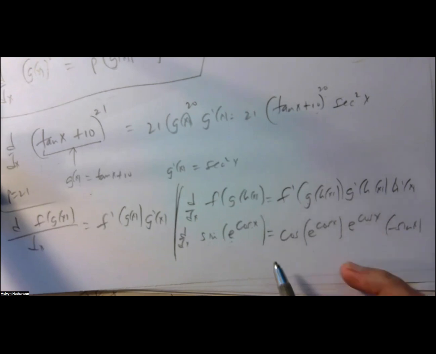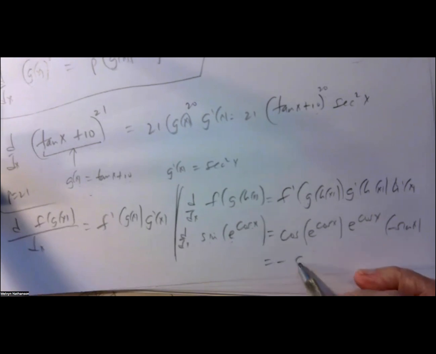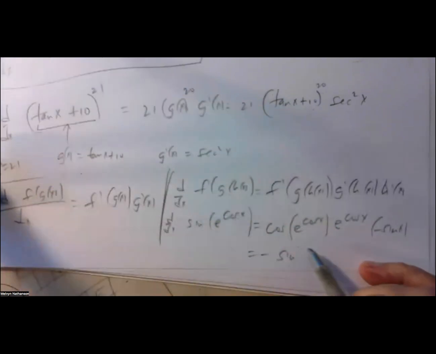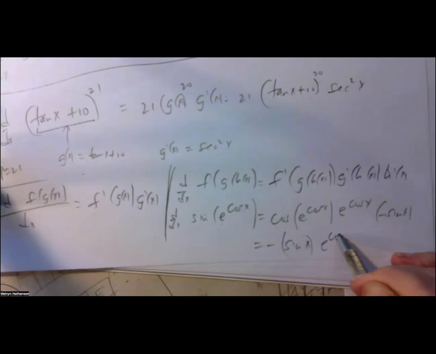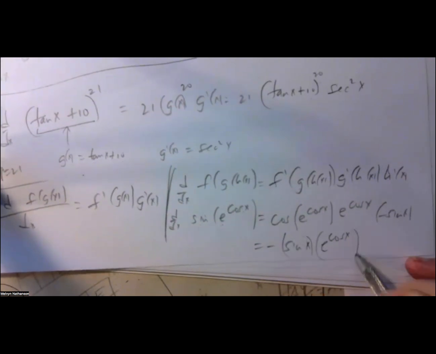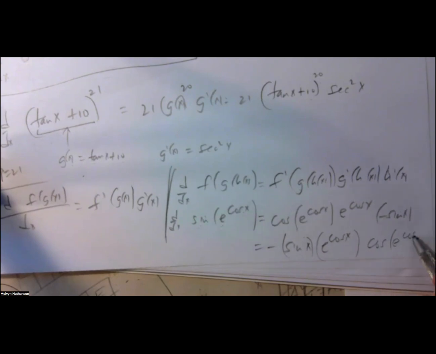So we get, let's put it in more civilized order, minus sine x e to the cosine x cosine of e to the cosine x. So this is the chain rule.